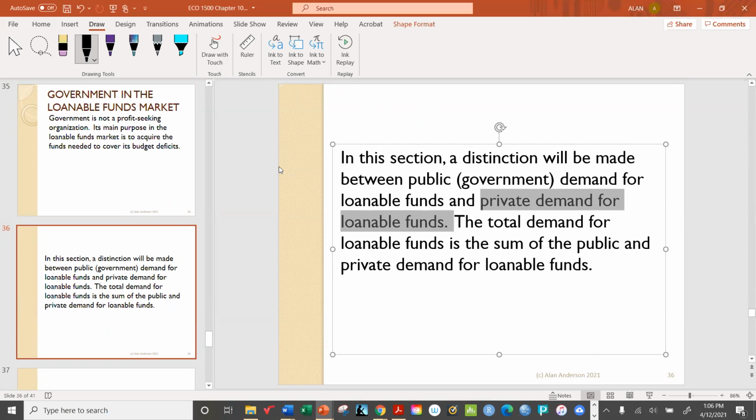The total demand for those funds comes from combining these two demands. So again, they're making a distinction between the two because the government borrows for different reasons than individuals and corporations. So it's only a small difference. So here's how this affects our graph.